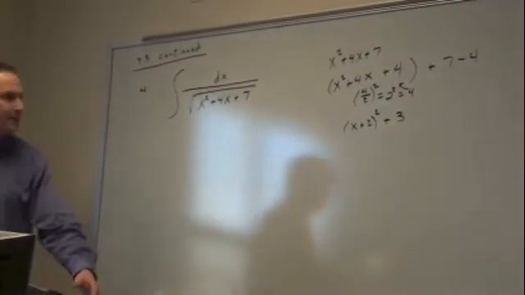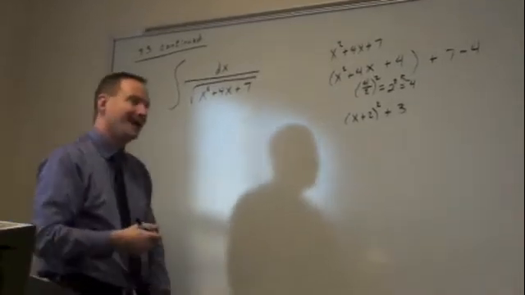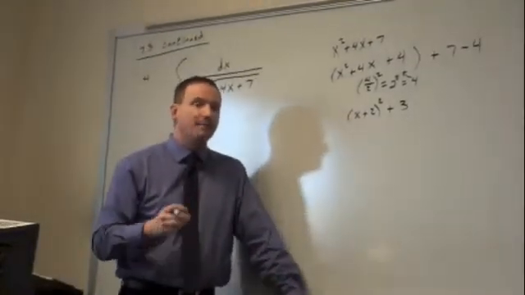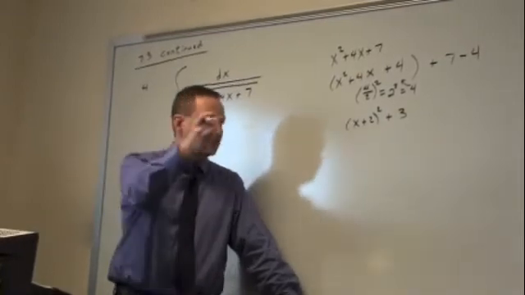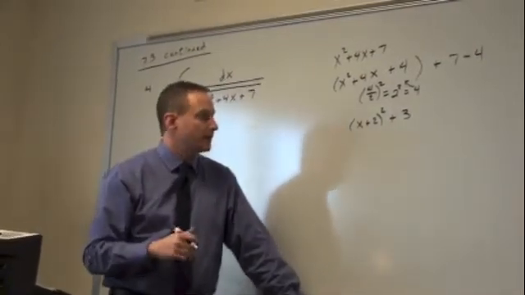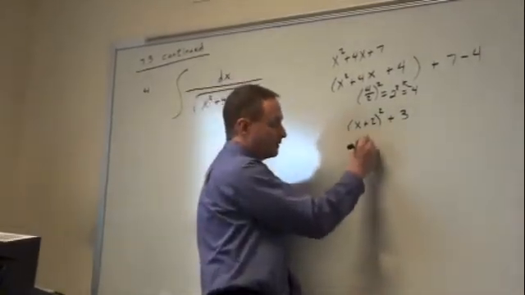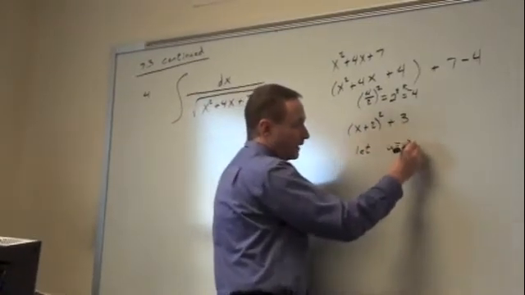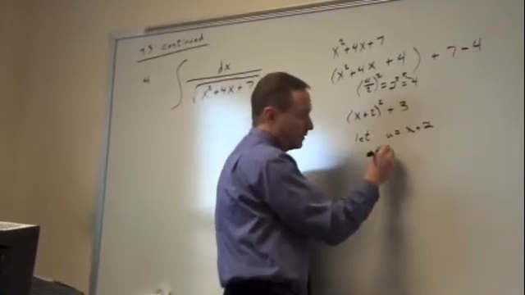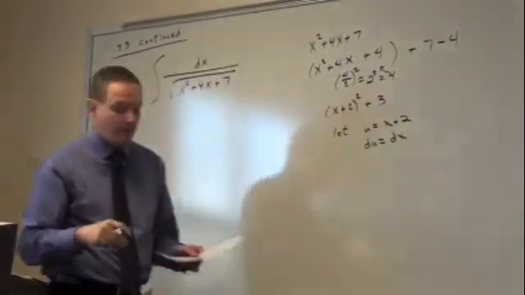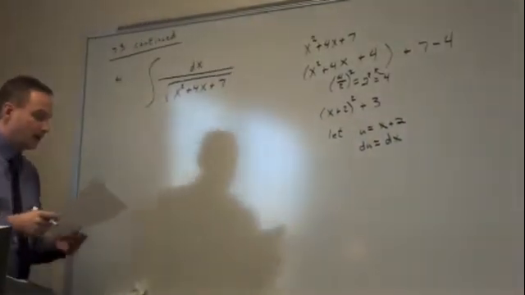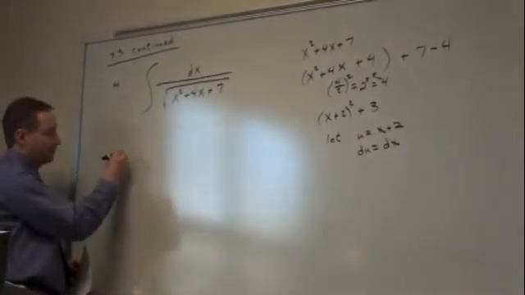So now once I get to this, I'll say, yeah, that's okay, but I want to make it look like a variable squared plus a constant squared. So I'll say, let's let u equal x plus 2. Then du is still just the same as dx, so that's no problem. So I'm going to go into my problem and rewrite this.